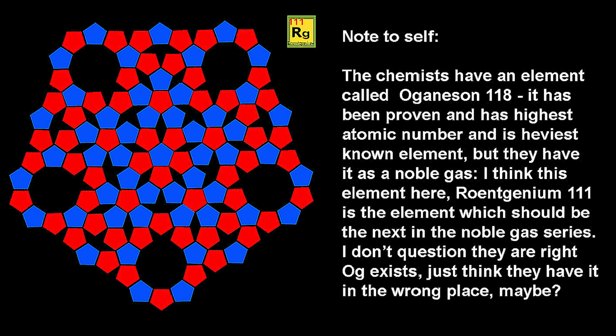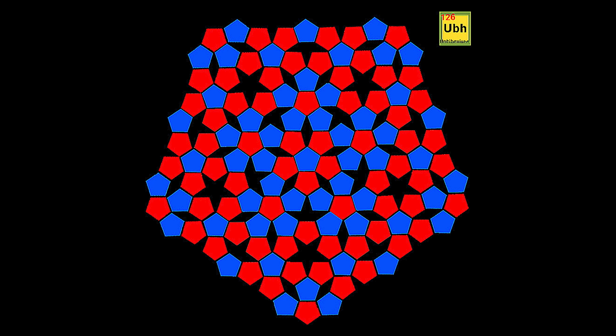And there's some question about whether there are more noble gases as you keep going up. The chemists have some ideas of what they could be. Here is, what is the pronunciation of this? It's UBH, and it has 126, and it would be definitely a noble gas, I think.